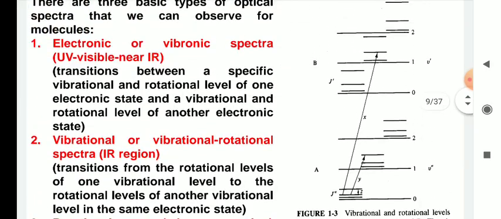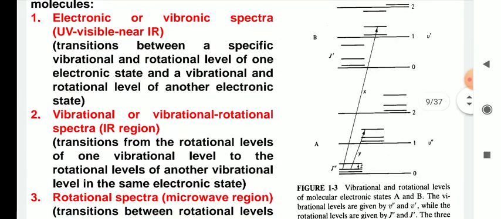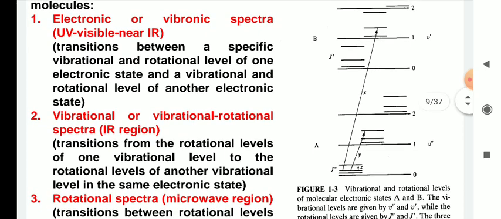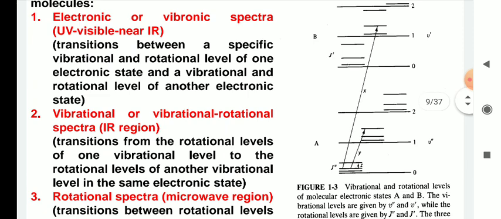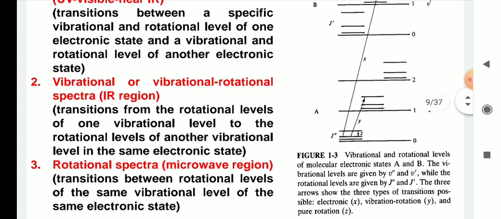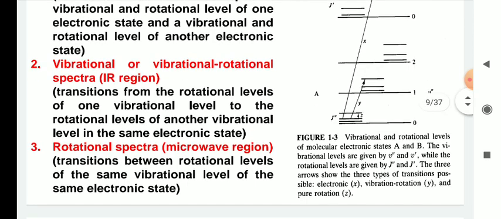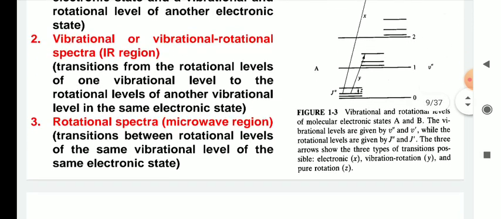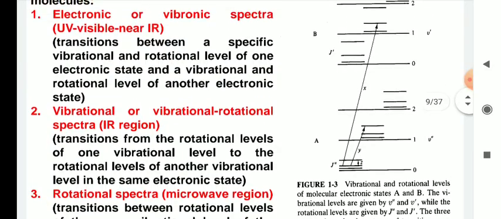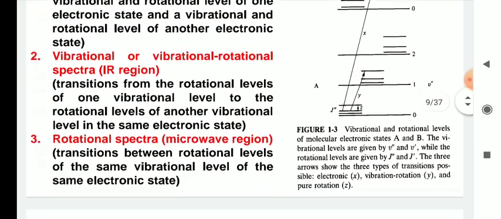In the picture, we observe that A and B are the two electronic states of a molecule. If there is a transition from one electronic state to another electronic state, that corresponds to electronic spectra. If there is a transition from one rotational level of one vibrational level to the rotational levels of another vibrational level, that corresponds to the vibrational spectra.